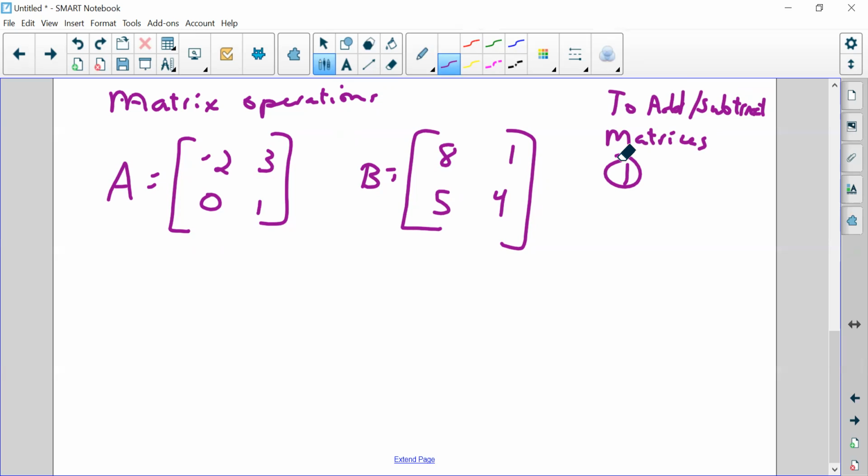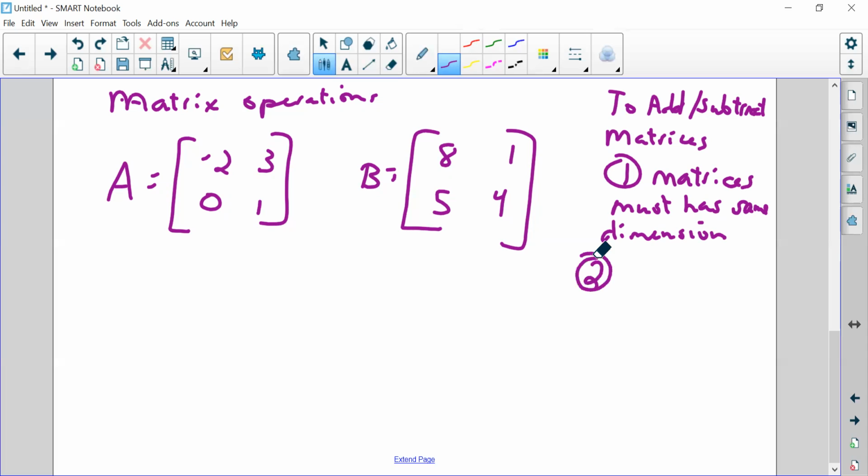So matrices must have the same dimensions in order to add or subtract. So that's the first thing you check. Make sure the dimensions are exactly the same, or you cannot add or subtract them. It's impossible. Okay? Then you're going to add or subtract, depending on which operation you're doing, each corresponding element.